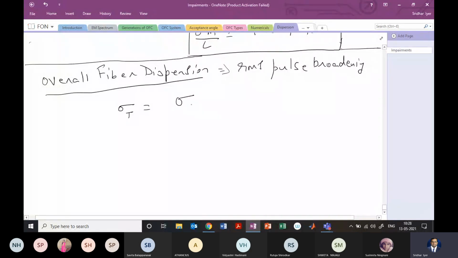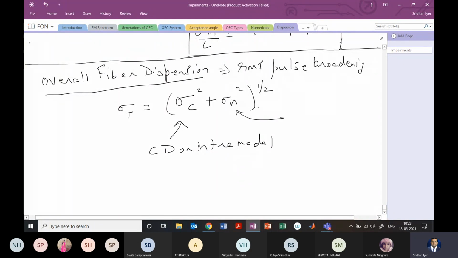So you have sigma c plus sigma n, each squared, and the whole raised to 1 by 2, where sigma c is the chromatic dispersion (CD) or intramodal dispersion, and sigma n is the intermodal dispersion, which happens in the multimode fiber.